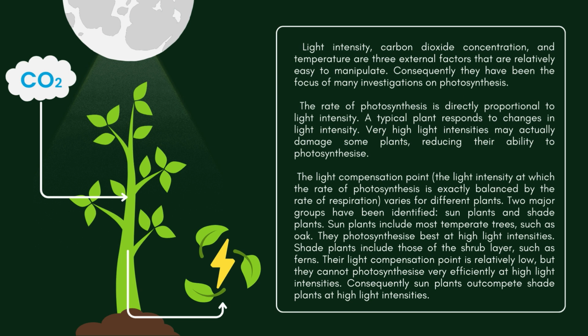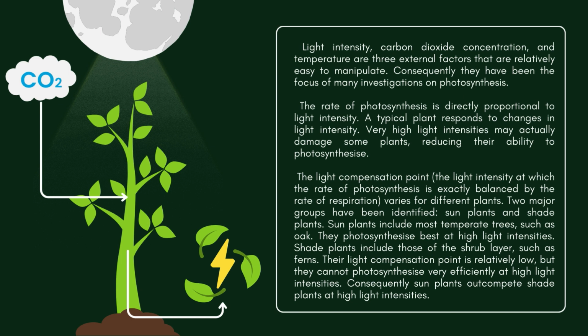The light compensation point varies for different plants. Two major groups have been identified: sun plants and shade plants. Sun plants include most temperate trees, such as oak. They photosynthesize best at high light intensities.